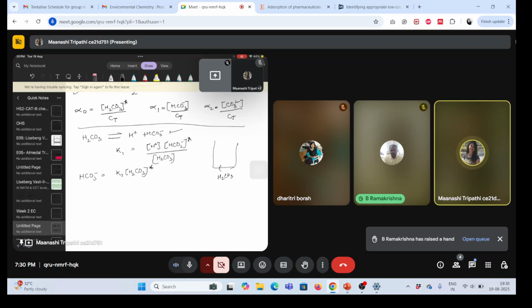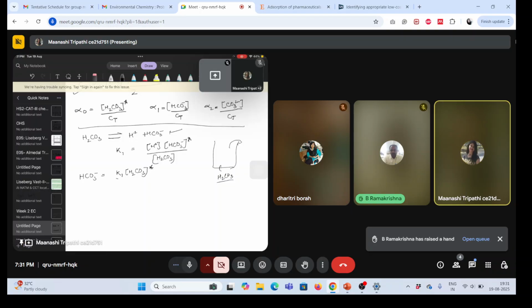But still there will be some component which will be H2CO3 only. So to represent that fraction which remains as H2CO3, we are putting a star. There is nothing else. So there will be a difference between the initial H2CO3 added and the H2CO3 fraction that remains after some time. Just to represent that, we are putting a star.